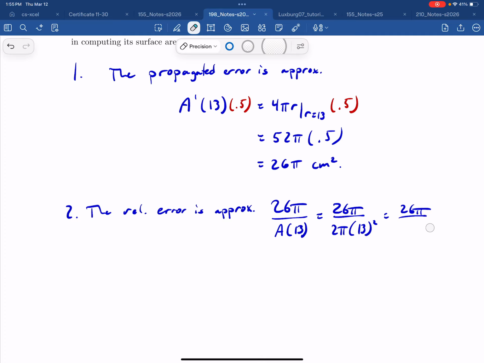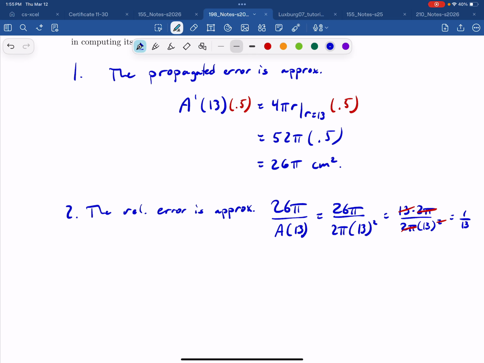Actually, maybe I shouldn't even keep it like that. Here, watch. Let me just show you a little bit of nice little trickery here. This is 13 times 2 pi. This is going to be 2 pi times 13 squared. Oh, squared? Look at this little trickery right here. Cancel out the 2 pi. Cancel out one of the 13s, and we are left with 1/13.